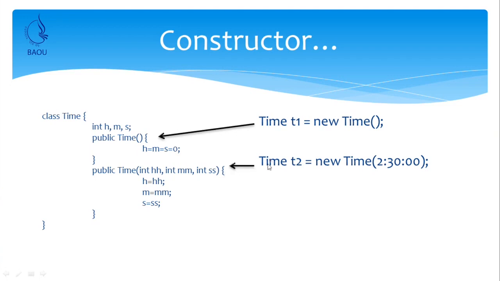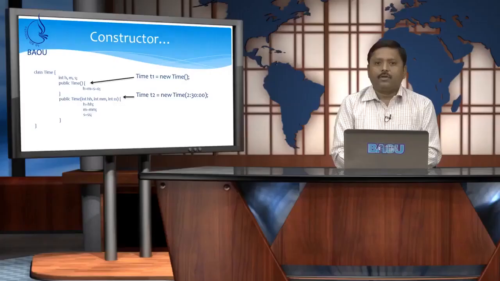So, I can write down Time t2 is equal to new Time, and here instead of colon we have to use comma. So, that is a mistake. So, I can write down 2 comma 30 comma 0. So, it will initialize hour to 2, minutes to 30 and second to 0. So, this is how we can define a constructor.